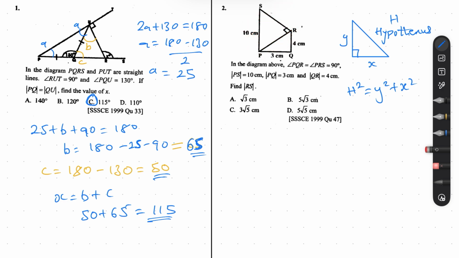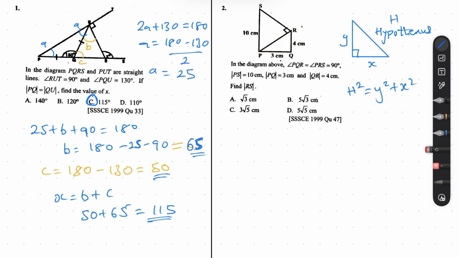So let's take out PQR first. We are looking for the hypotenuse, because that is the side opposite the right angle. We know that the other sides are 3 and 4, so we use this formula to find the hypotenuse h.